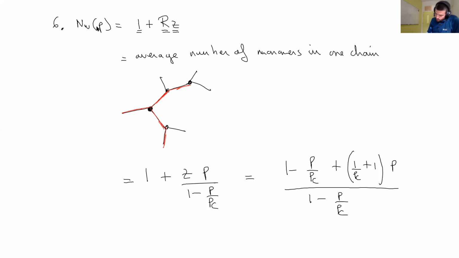Okay, so what do we see here? We have P over PC and P over PC. So this, due to the minus sign, cancels out with this. What else do we have? I think there is nothing else, in fact. P over 1 minus P over PC. This is NW. And so when P goes to PC near the critical point, well, this is nothing particular, it's finite, but the denominator goes to 0, so it diverges. So no matter Z here, the weight average explodes.